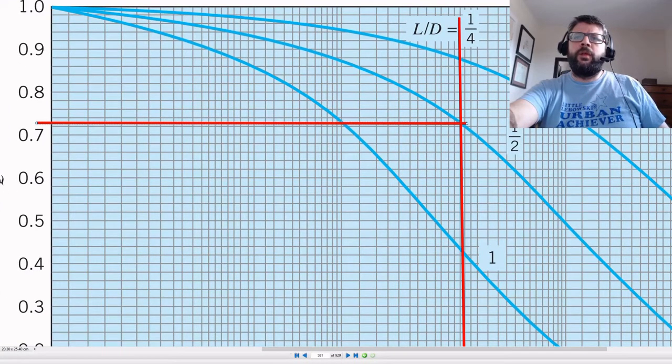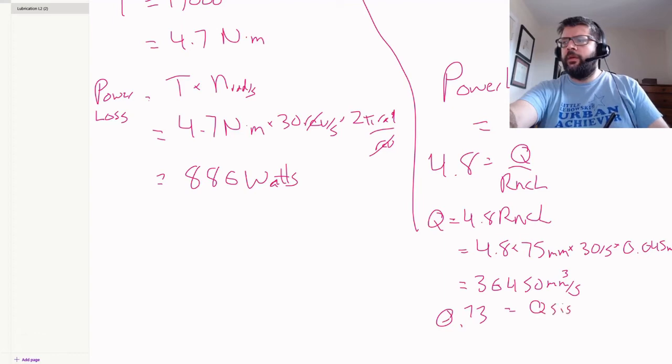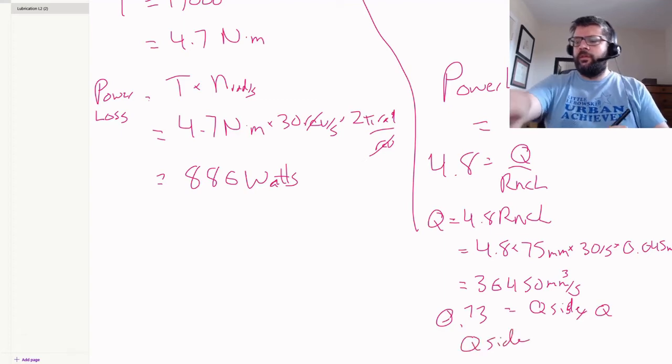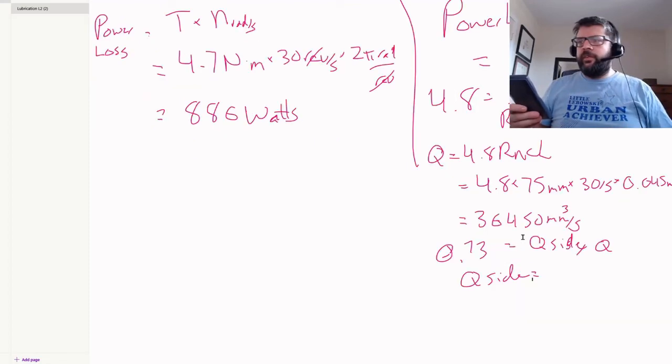So it looks to me to be about 0.73, let's say. 0.73 is equal to Q side over Q. So Q side is equal to 0.73 times the value we had just previously calculated, so 26,600 millimeters cubed per second.